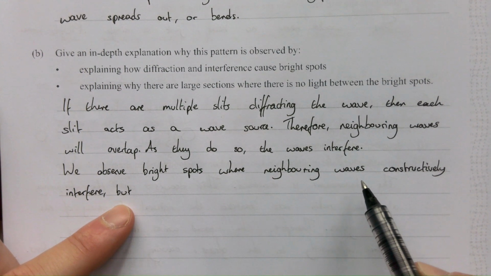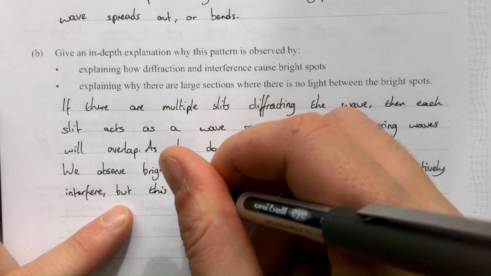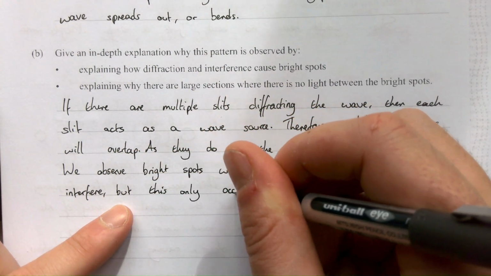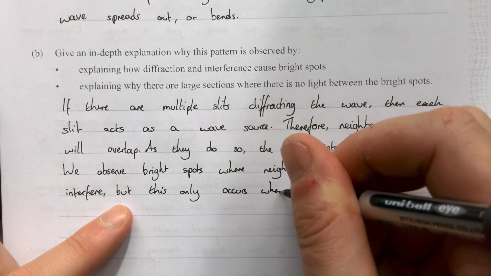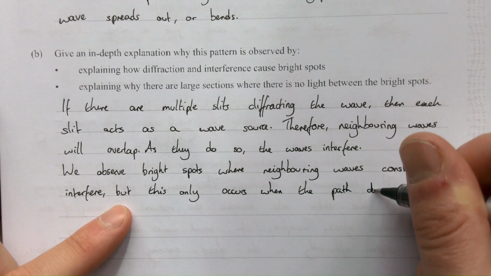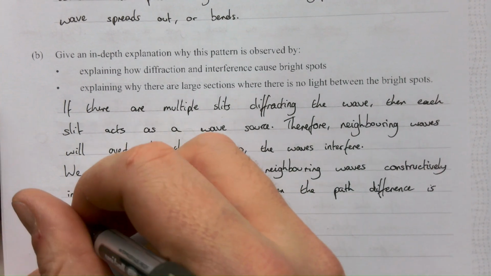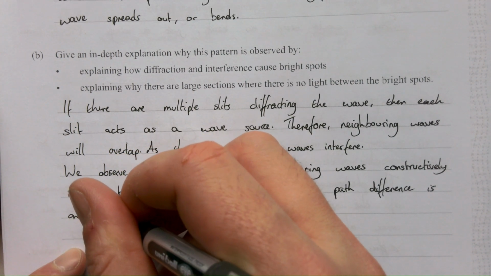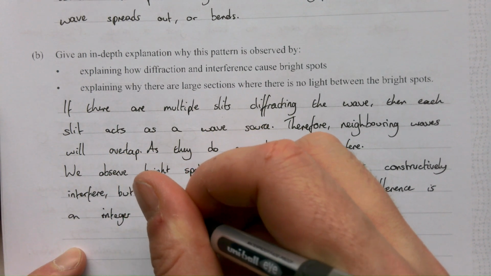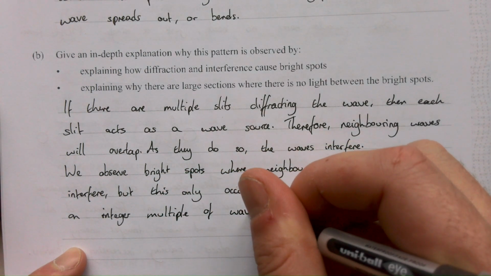We observe bright spots when neighbouring waves constructively interfere, but this only occurs when the path difference is an integer multiple of wavelength.